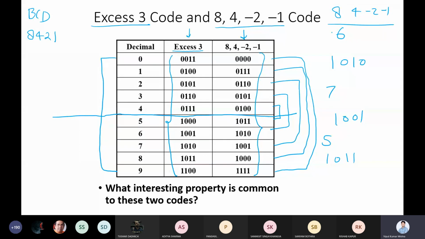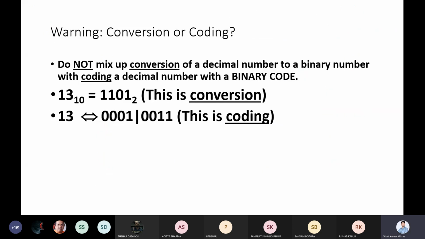So just to understand, these codes are helpful whenever we are trying to utilize the special properties that XS3 and 84 -2 -1 have. Then only these codes are useful. But that is one way to represent a number as well. As I told you, please make sure conversion and coding are different.